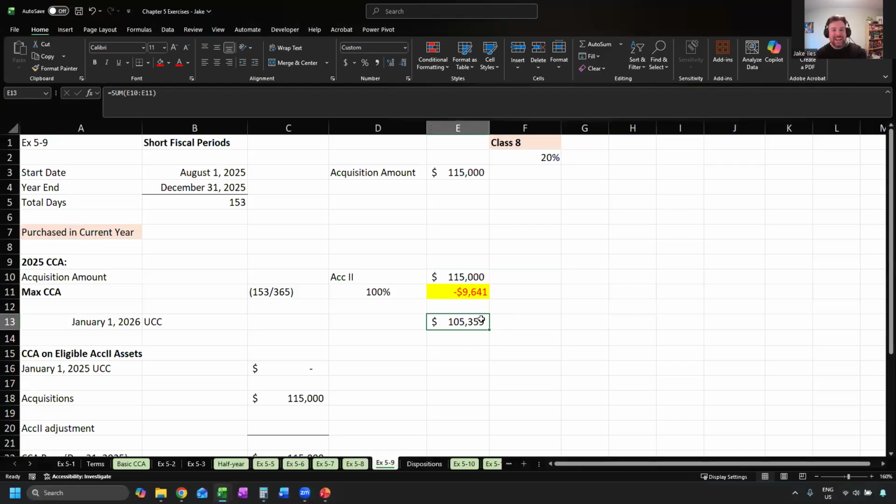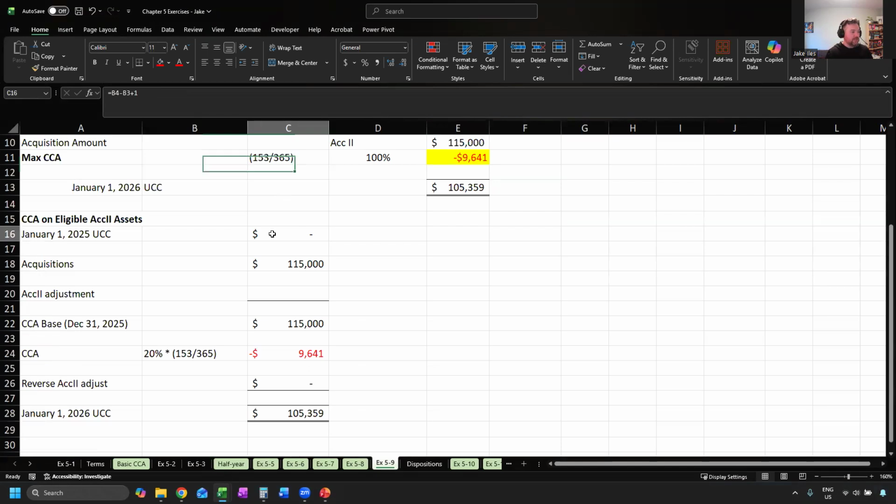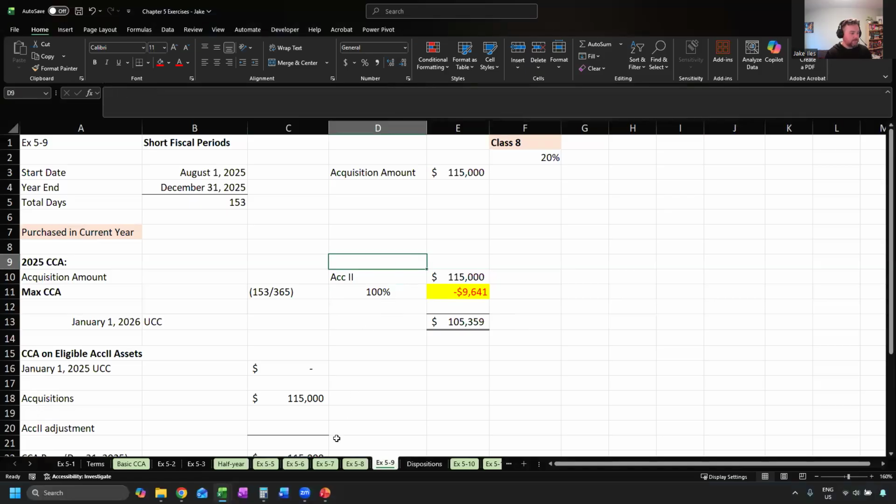That will move into next year where 20% can be taken on it then. So that's short fiscal period. It's a regular CCA calculation, but just modify that CCA for number of days. The other format has it here, comes to the same number, 9,641, 105,359 going forward.